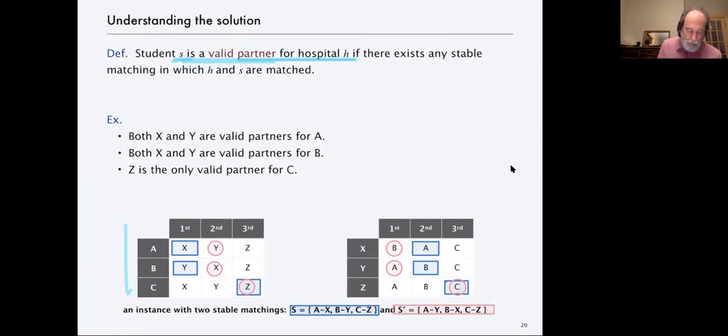So in both stable matchings, and these are the only two stable matchings for this instance, Z and C are matched, right? So Z is the only valid partner for C, but X and Y are both valid partners for A, right? There's a solution where A is matched with X and a solution where B is matched with X. And similarly, both X and Y are valid partners for B.